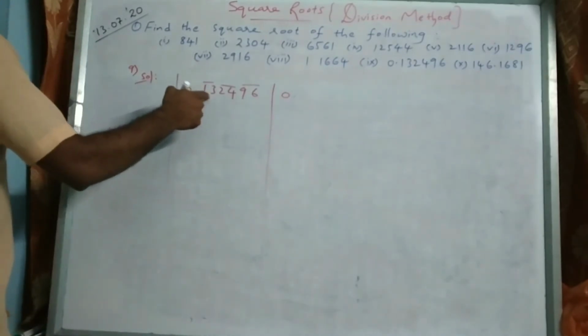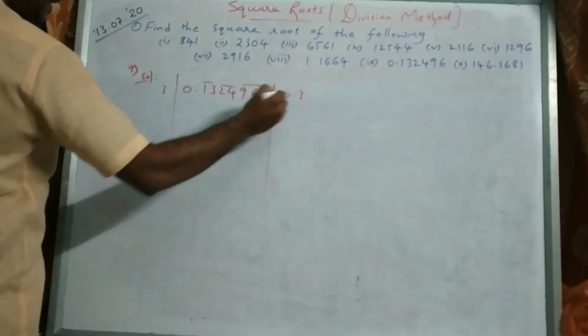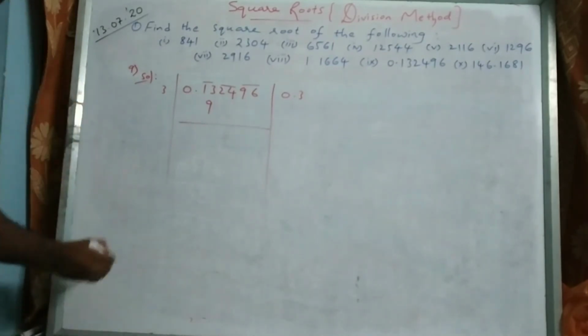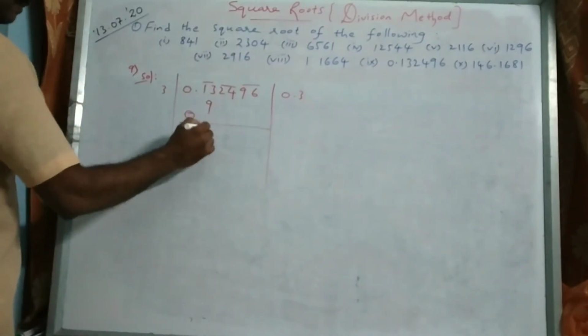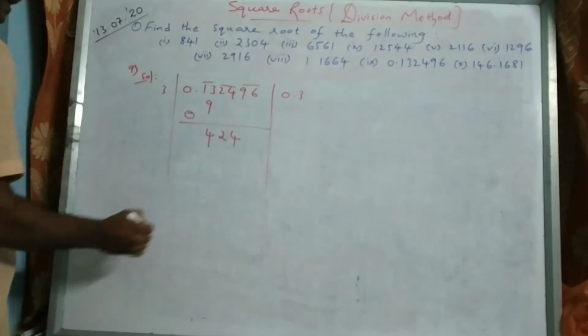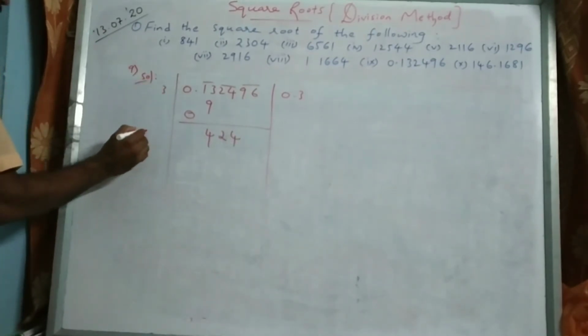Now look at 13. 3 3s are 9. Because 4 4s are 16, it is more. If I subtract, 4 will be there. 2 4 I am bringing down. Double of this 3 is 6.